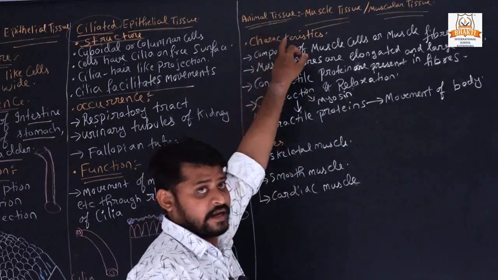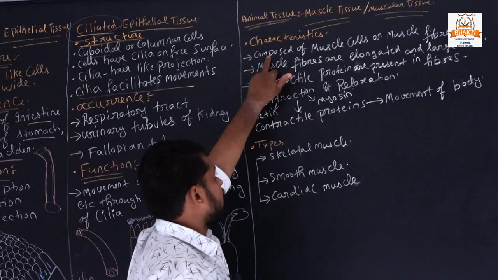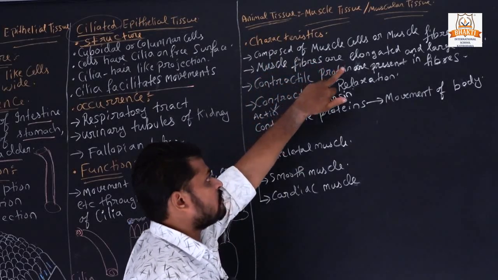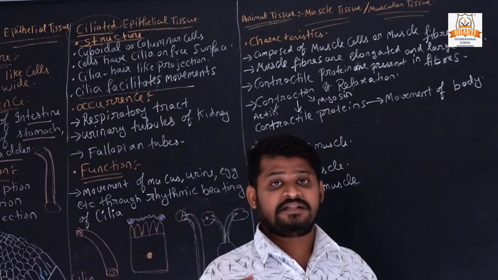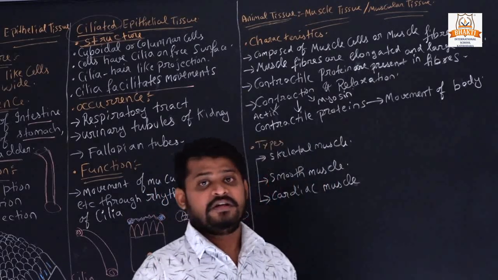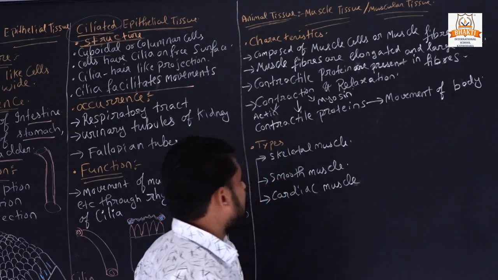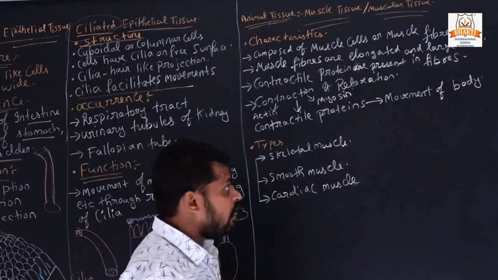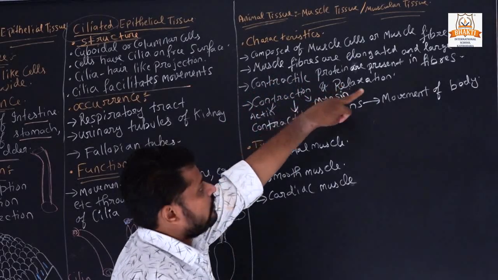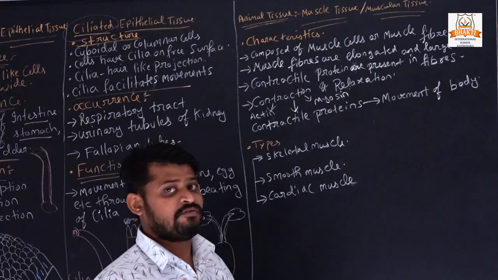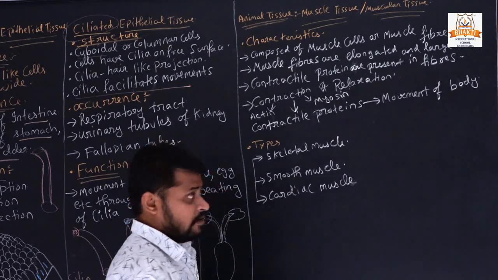So what are the characteristics of muscle tissues? It is composed of muscle cells or muscle fibers. Muscle fibers or muscle cells present in our body compose our muscle tissue. Muscle fibers are elongated and large in size. The size of a muscle fiber is very long.